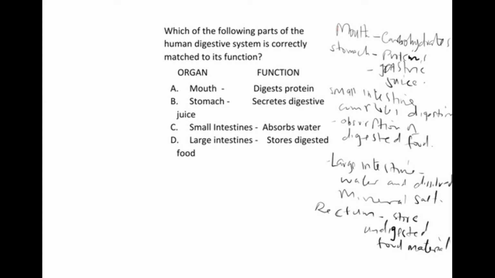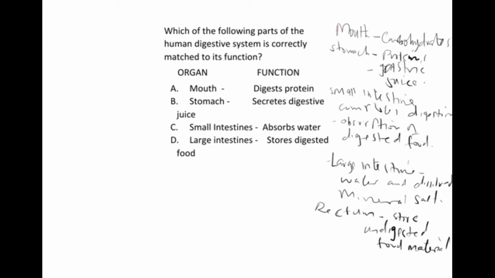In the stomach, there is production of gastric juice that contains hydrochloric acid, pepsin, and renin. Pepsin is the one used to digest protein. We have B, the stomach secretes digestive juice, that is the gastric juice. That one is very much correct. We go to choice C, small intestine absorbs water.